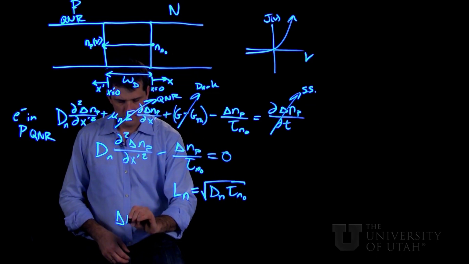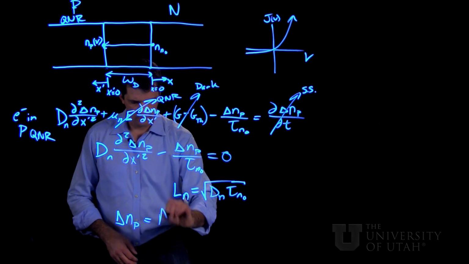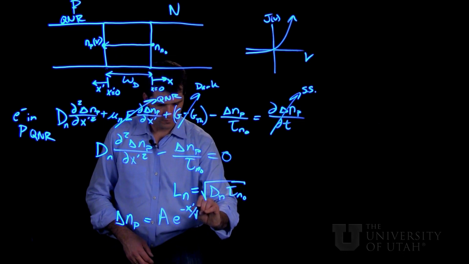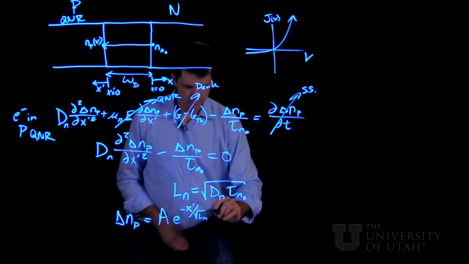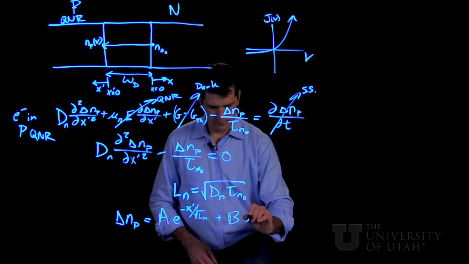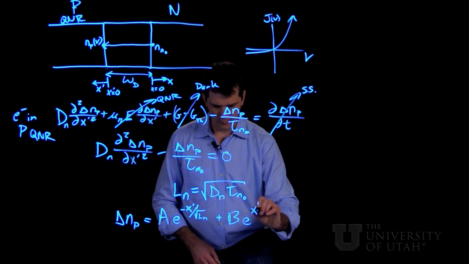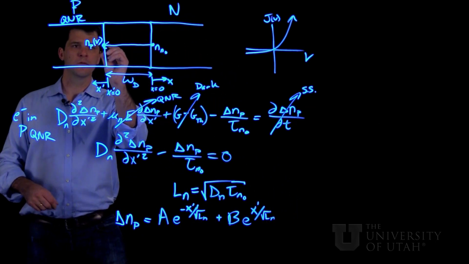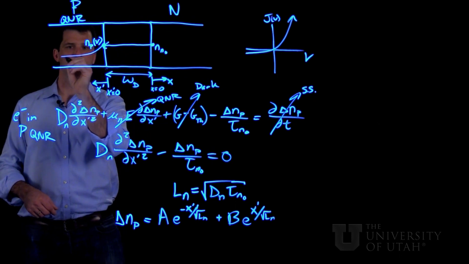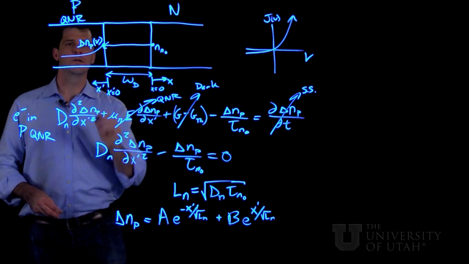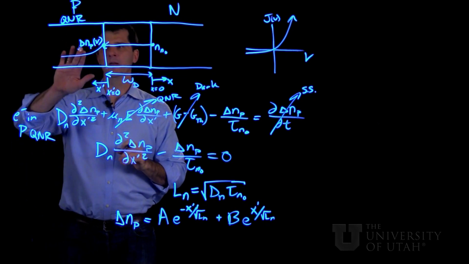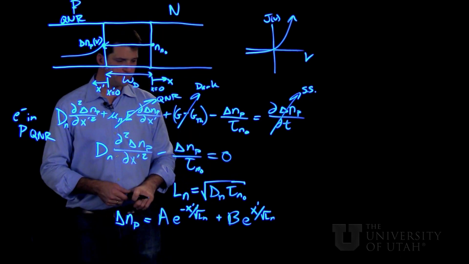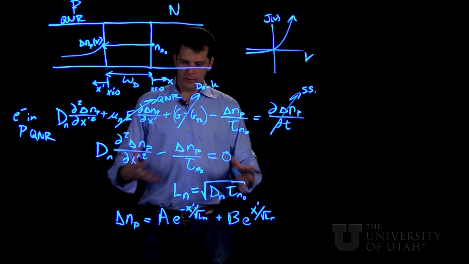The general solution is going to be some constant A times e to the negative x prime over square root Ln, plus B e to the positive x prime over square root Ln. So, as we discussed last time, we get these decaying exponentials for the delta n as a function of distance. So we've got our general solution.